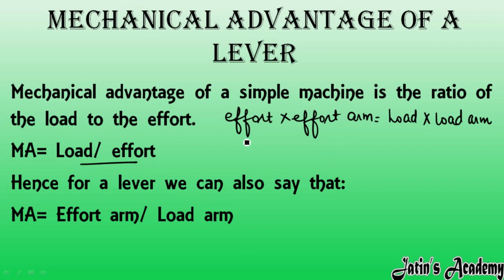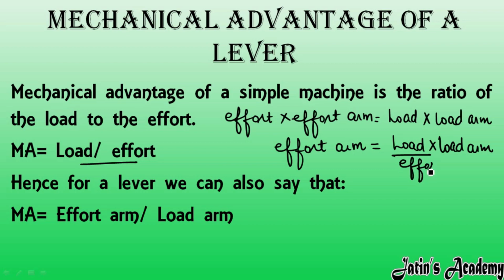Means this effort is in multiply, so if I take this effort to that side, it will go in a divide sign. So effort arm is the same in this formula, load is the same, load arm is the same. Only effort is in multiply, and on that side it will go in divide. Here you can see this load arm is in multiply, on that side it will go in divide.